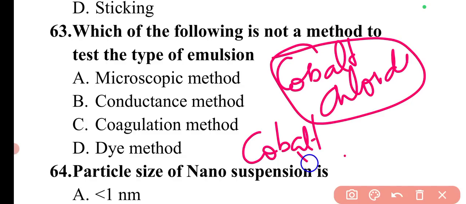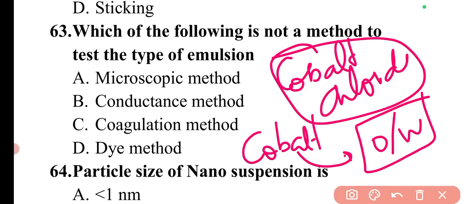It is soluble in water, so it changes color when it encounters water. When we add cobalt chloride to an oil in water emulsion, it will change its color. So that is the main cobalt chloride test.